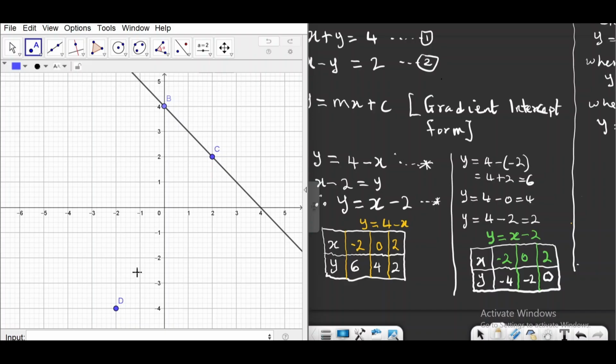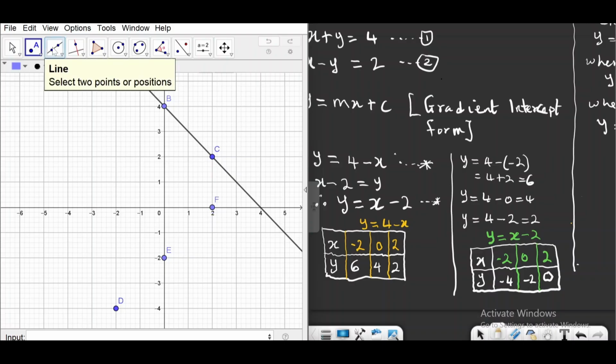Then we check again where x is 0, y is -2. x is 0 along this y-axis and y is -2. Drop this, and then the last one is when x is 2, y is 0, which is just on the x-axis here.